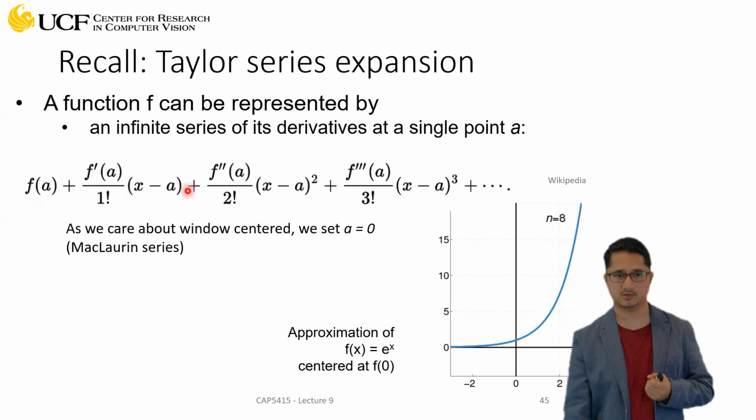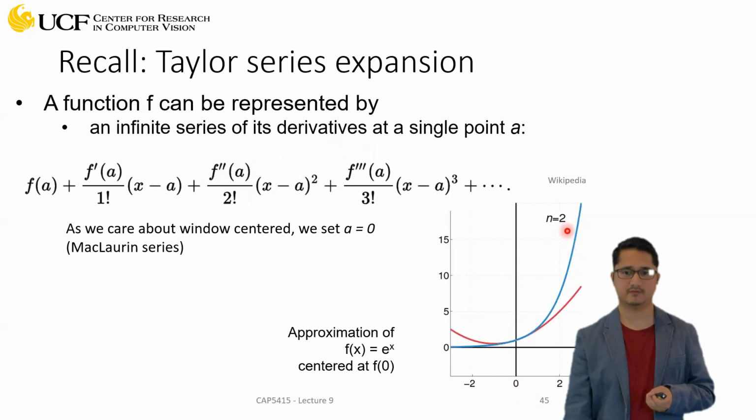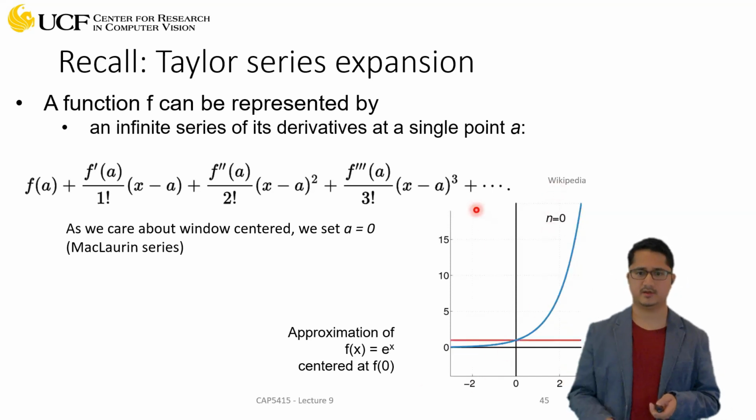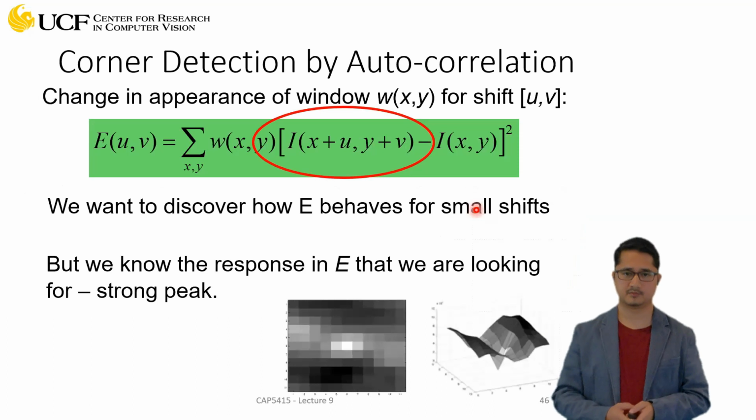And if you take 2 terms, then we compute the first order derivative, and then you have the slope as well. And as you keep including higher order terms, you can see that at around n equals 5 or 6, you're very close to this function. Just a very simple example here.